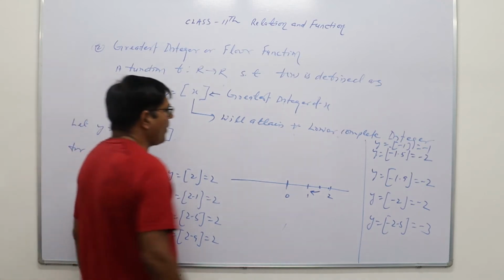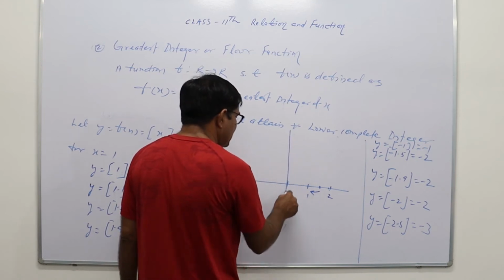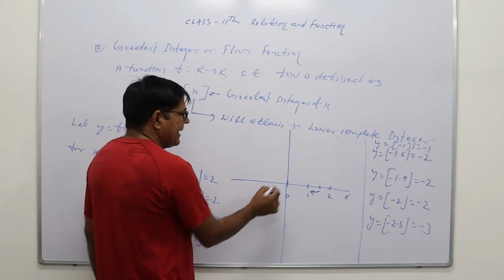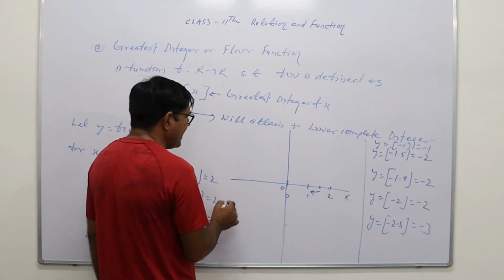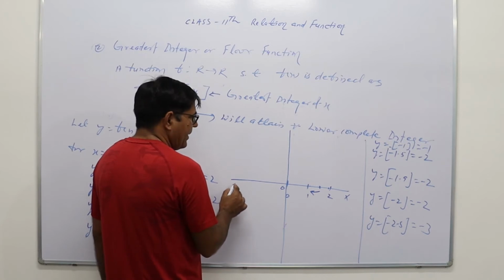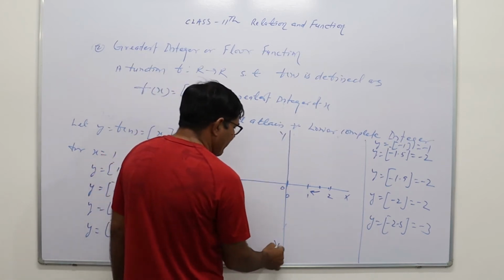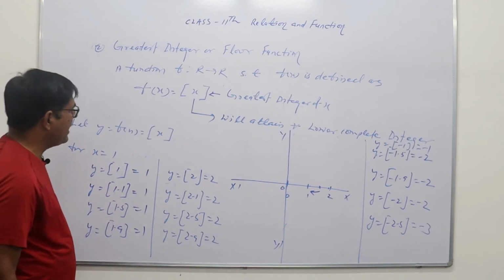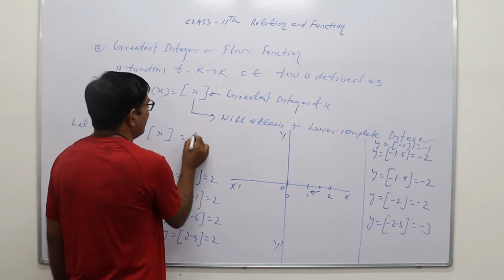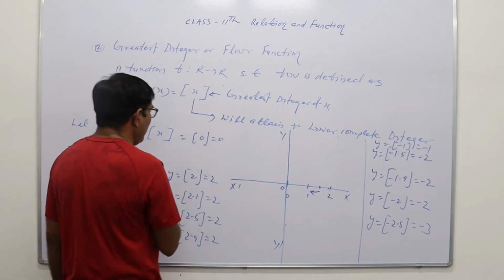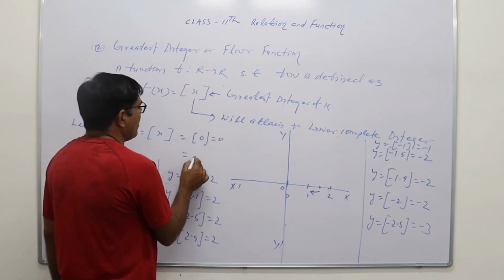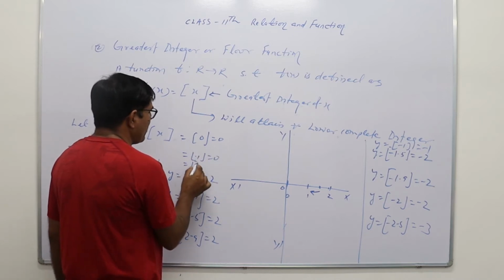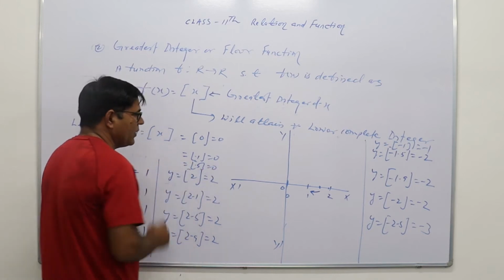So if we have to plot the graph between these points, then these are two mutually perpendicular lines intersecting each other at the origin. This will be x, x dash, y and y dash. Now on plotting these points, let us suppose we have to find the greatest integer of 0, then it will be 0. Then the greatest integer of 0.1 will also be 0. The greatest integer of 0.5 will also be 0.